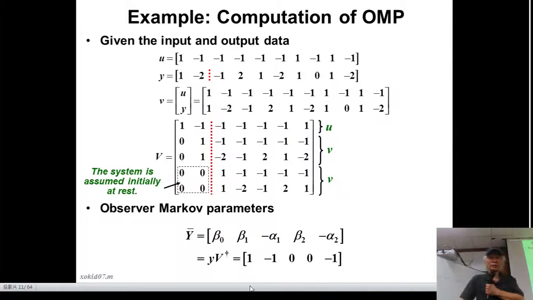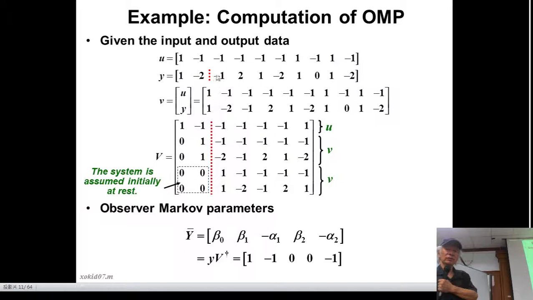So y v pseudo inverse is the solution. If you know how to form v, then you will be able to solve for your alpha and beta this way. So this is the way to show you how to solve alpha and beta. All right, and you can just use the exact same approach as this one here.